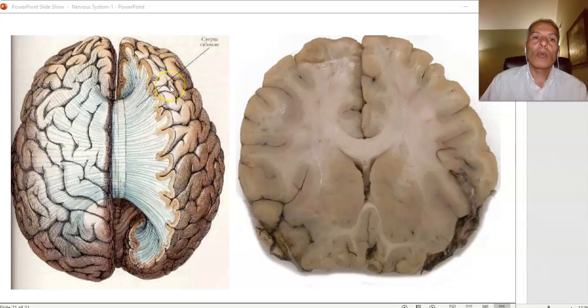The word cortex comes from the tree bark. So the outermost layer that surrounds the entire brain and the entire spinal cord, that is called the gray matter. However, in the spinal cord, this distribution of the gray matter and white matter are different. But the spinal cord does have gray matter and white matter.